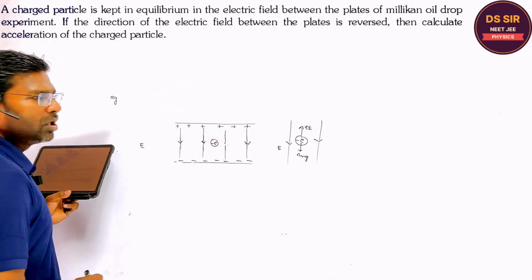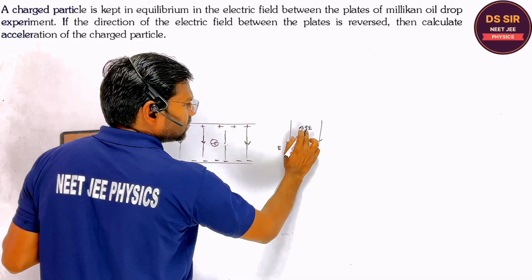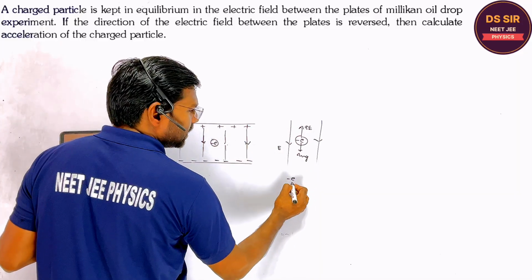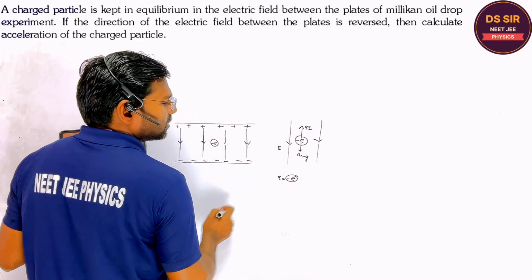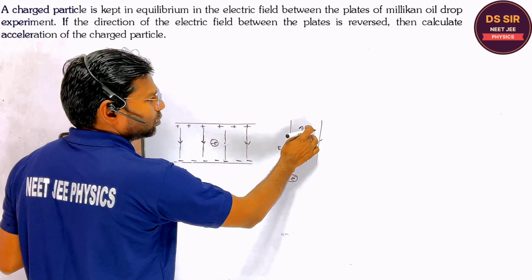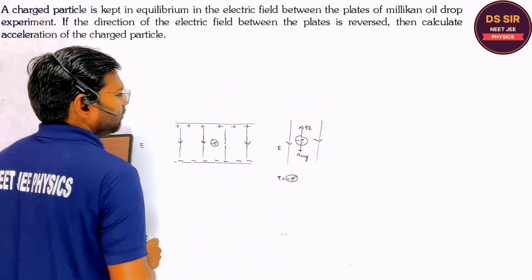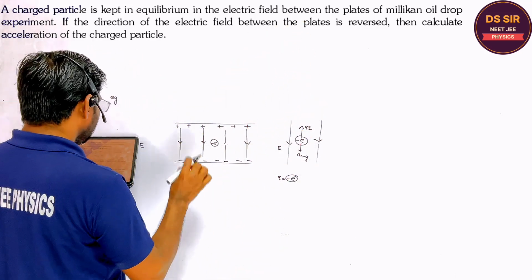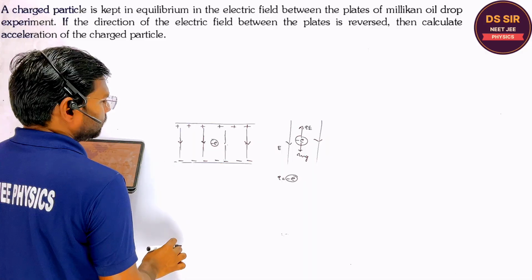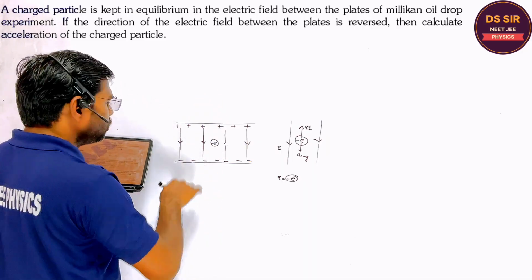Is it clear or not? So I'm writing the force as minus qE, but I will take only the magnitude because its direction is upward. So for the equilibrium of the electron, the electric field is produced between the plates.